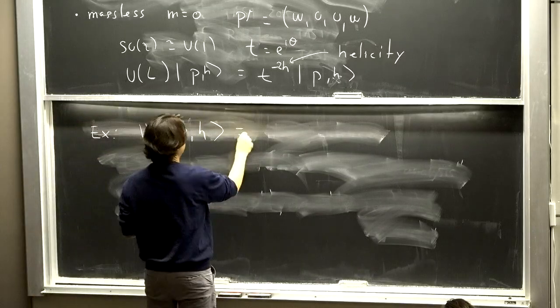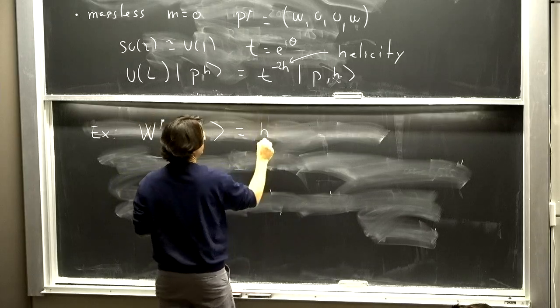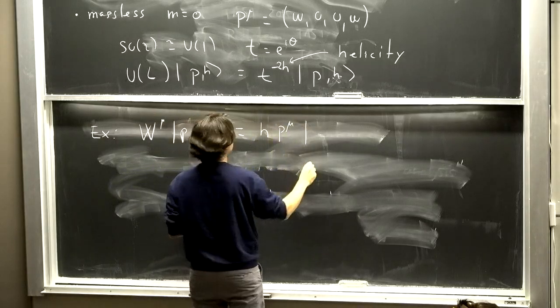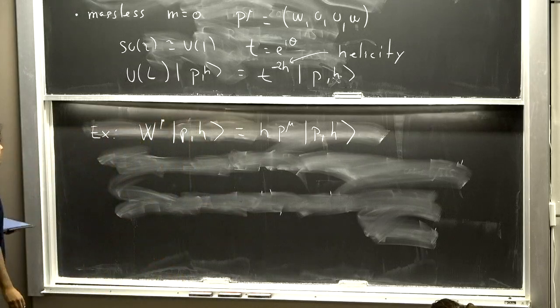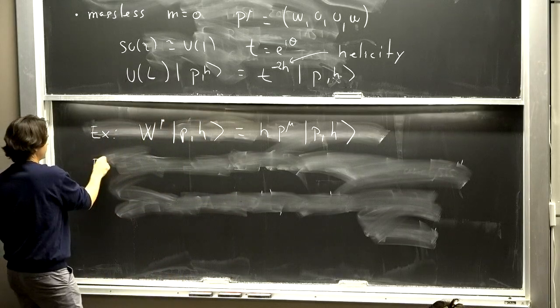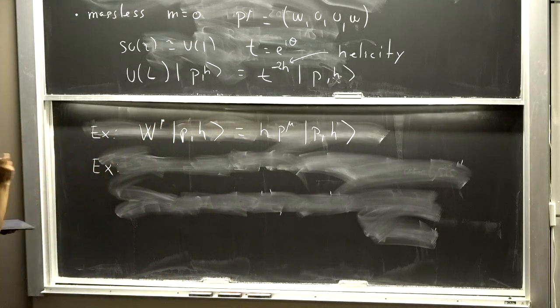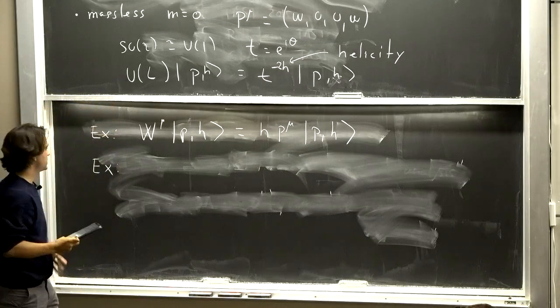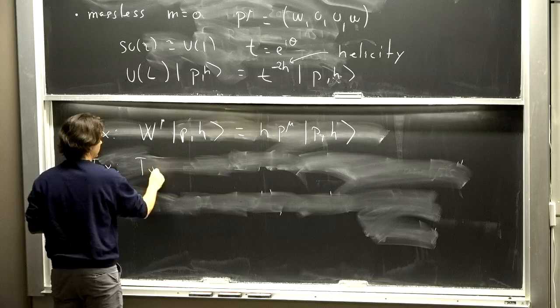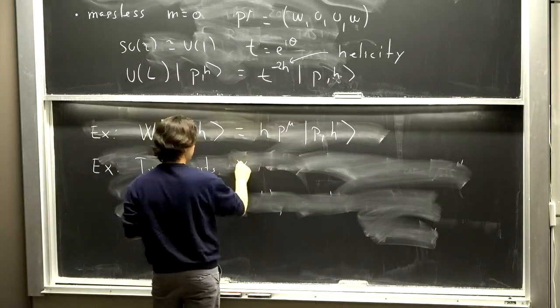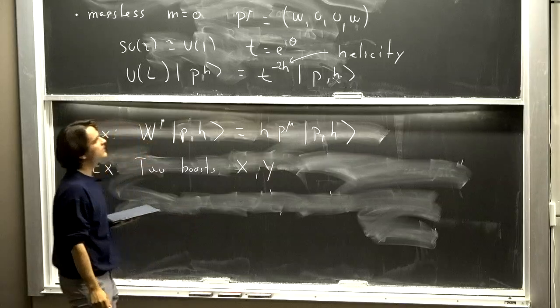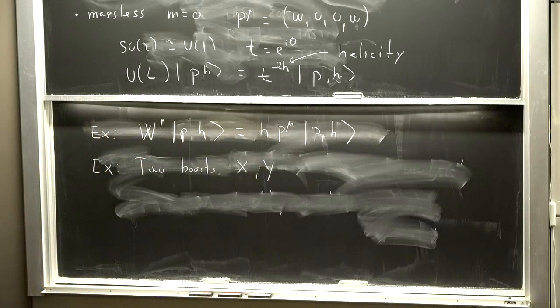If you act on a one-particle state, you can show that this is simply this. And then the other exercise is that there are actually two extra Lorentz transformations that leave this invariant. So there are two boosts that leave this momentum invariant. Just find them.